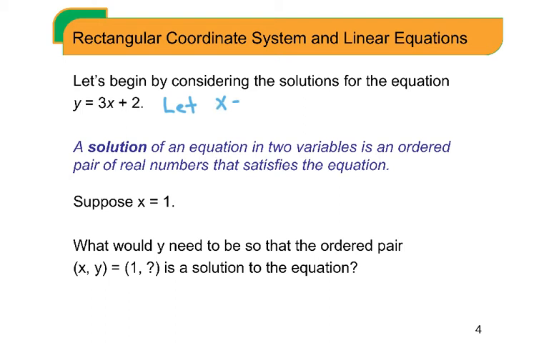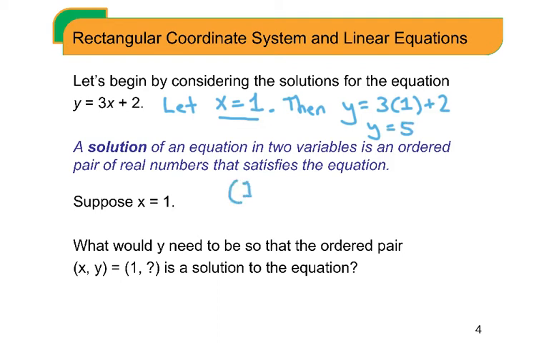Let x equal 1. Then what does y have to be? Plug in 1 for x: y equals 3 times 1 plus 2. So y equals 5. So that gives me my ordered pair. When x equals 1, y equals 5.